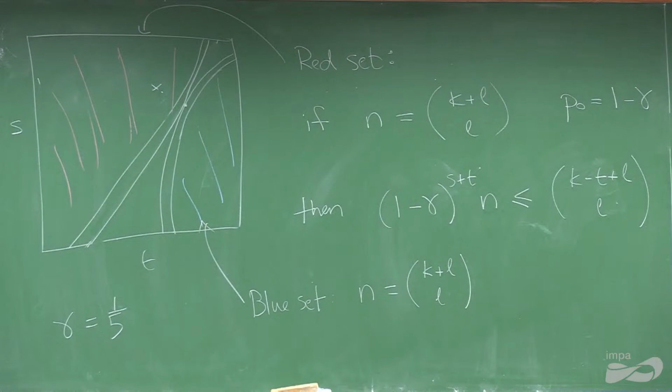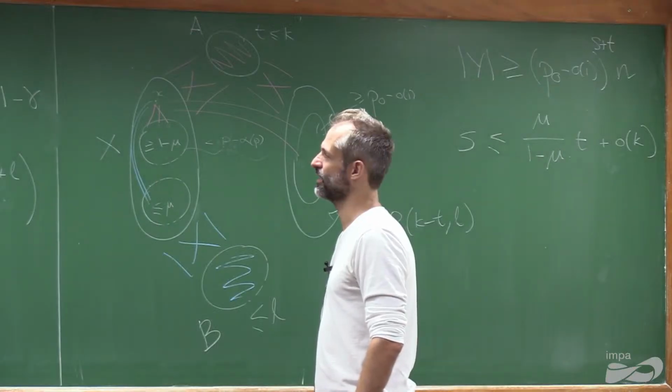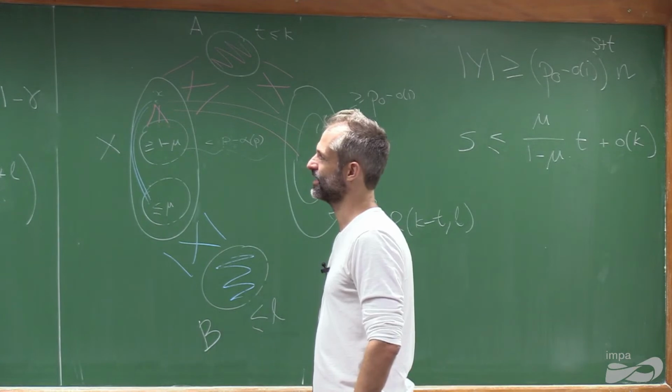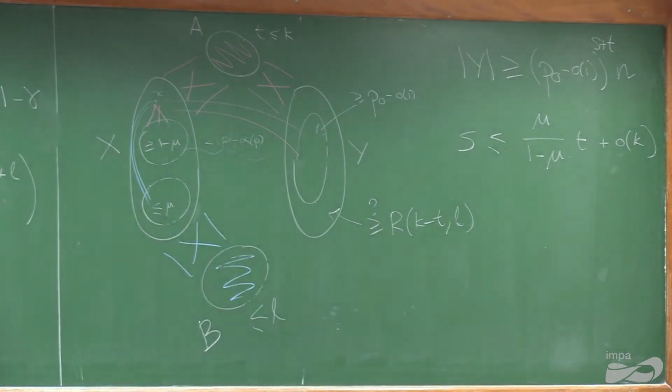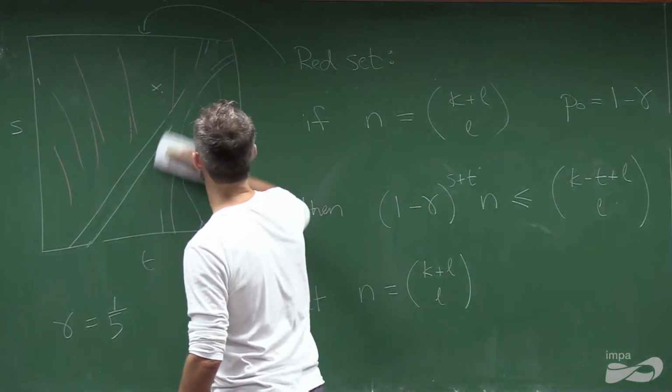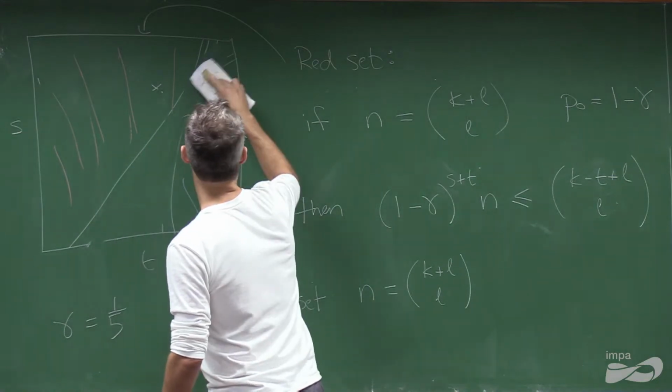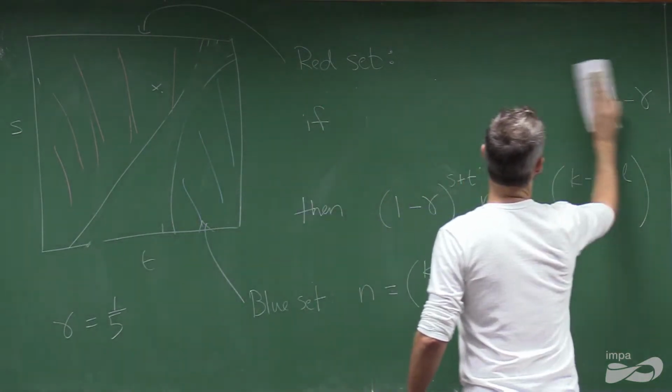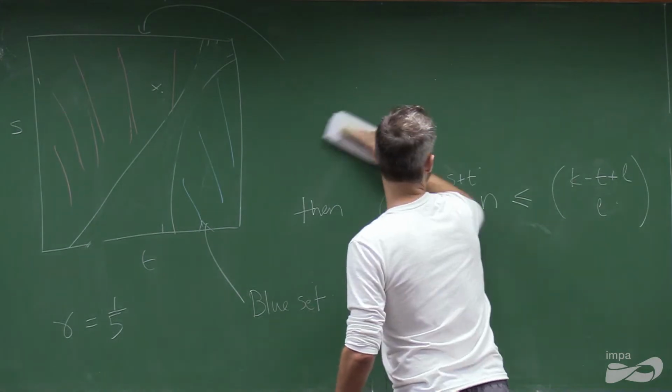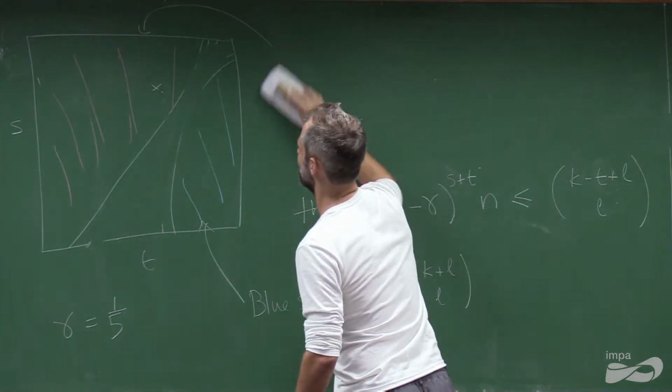Fix the value of n. Shouldn't the pictures be different for different values of n? They are, yeah. But then why do we write that n is equal to something? Sorry, I confused you with that. Okay.